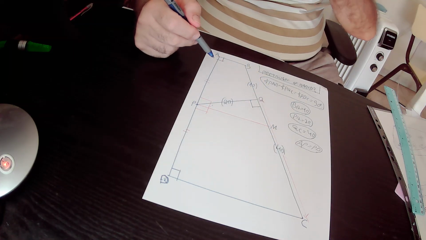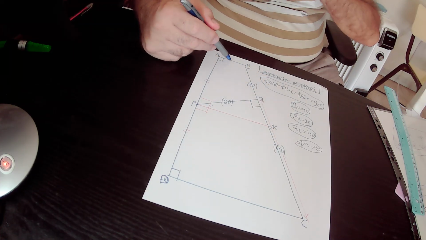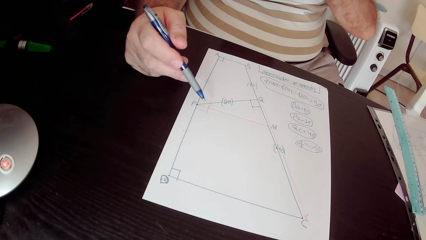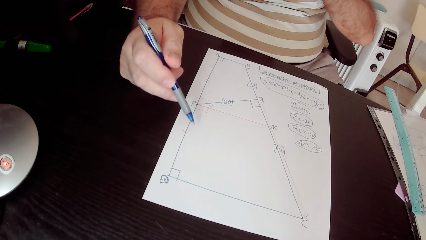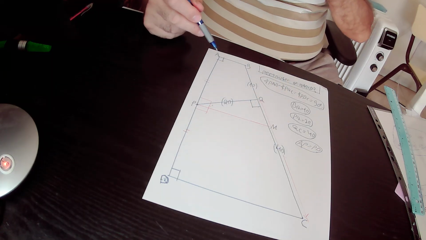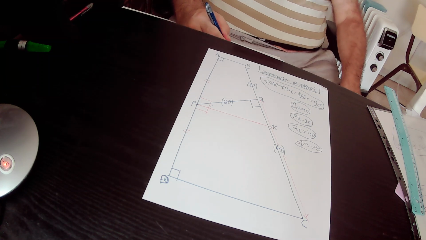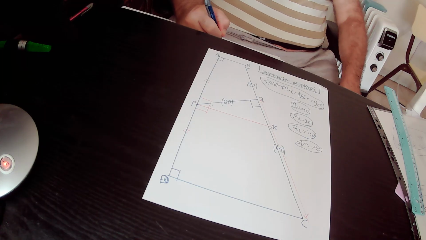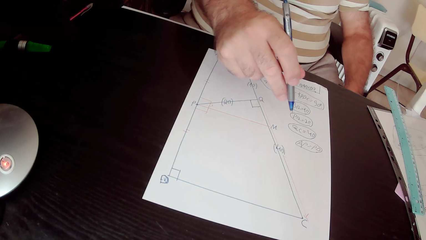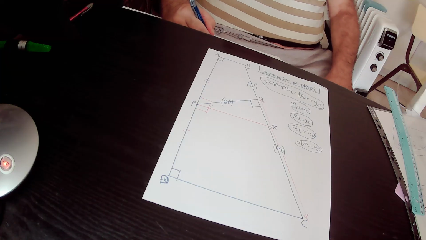Those are the line segments that connect the three parallel lines together. The following relationship exists between AD and BC: AP over PD is equal to BM over MC.